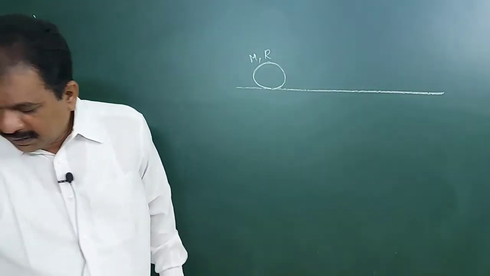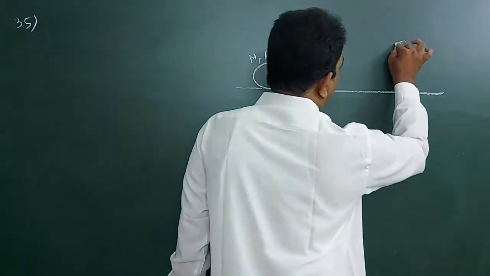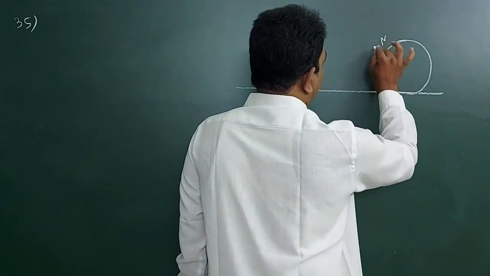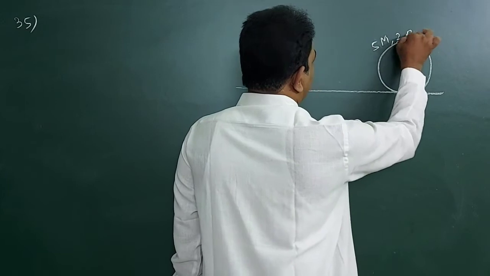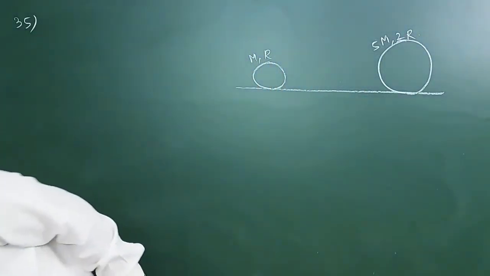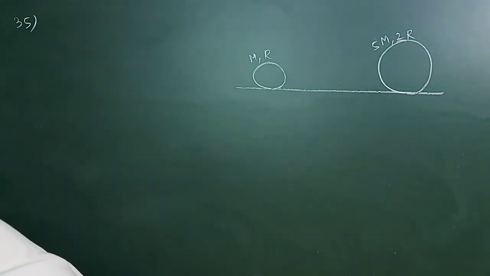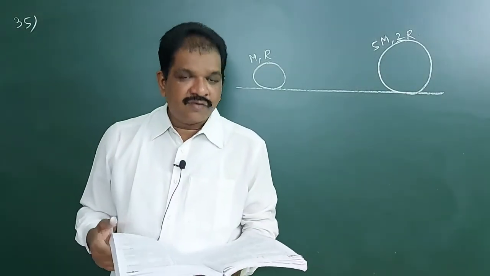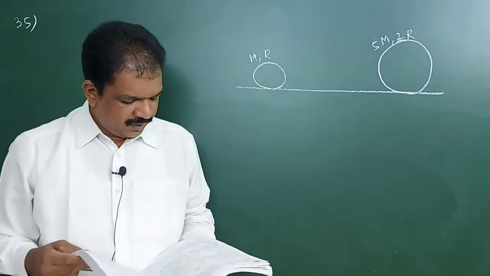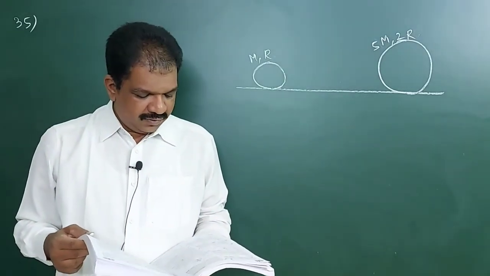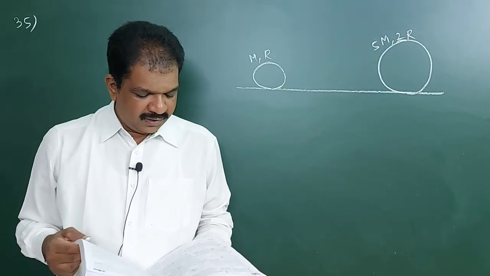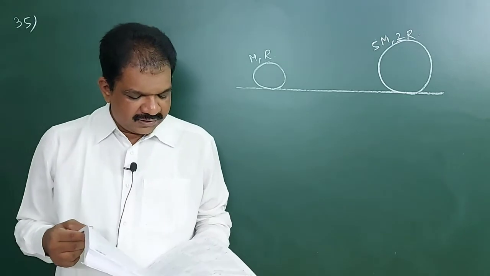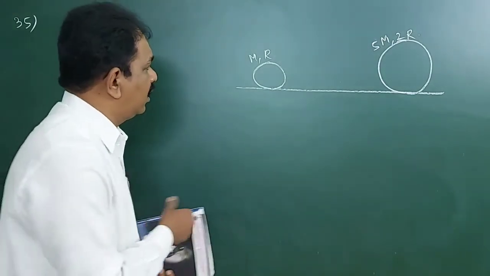Here another sphere of mass 5m, radius 2r. What is the question? Two spherical bodies of masses m and 5m and radii r and 2r are released in free space with the initial separation between the centers equal to 12r.